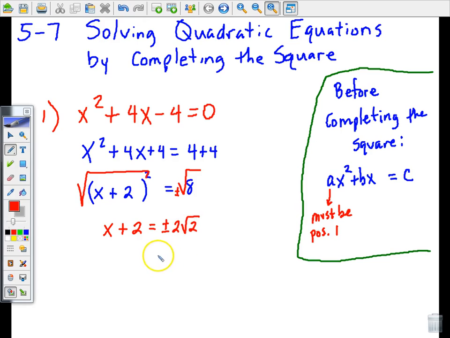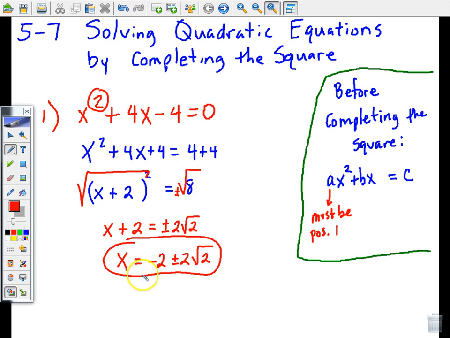That would be plus minus 2 root 2. And then my final step to solve for x is to subtract 2 from both sides. And my answer, my two answers actually, because remember, I'm going to find 2 solutions. My 2 solutions are x equals -2 plus minus 2 times the square root of 2.